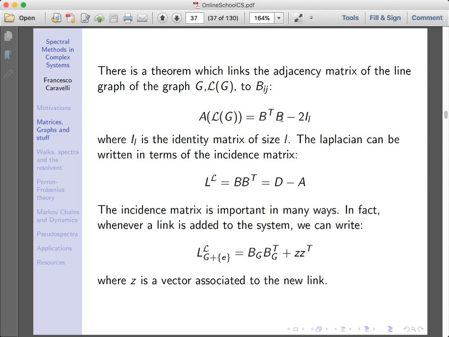This is a matrix which is L by L in dimension, the number of edges by number of edges, which makes sense when we're talking about the line graph. But you need to be careful and remove 2 times the identity, because that's a number that appears on the diagonal if you consider only the definition.